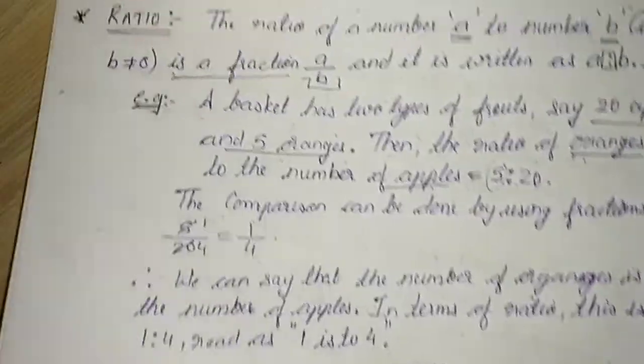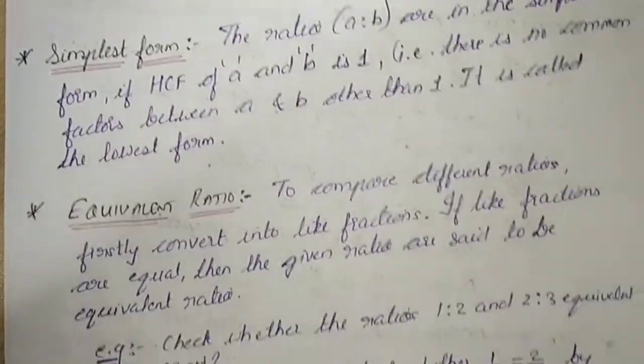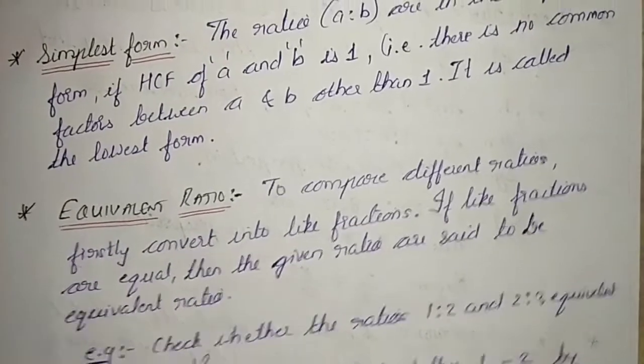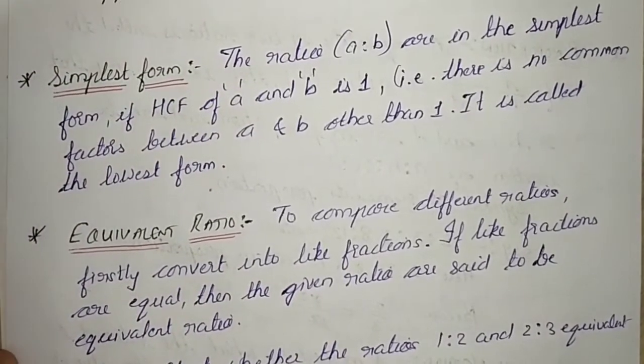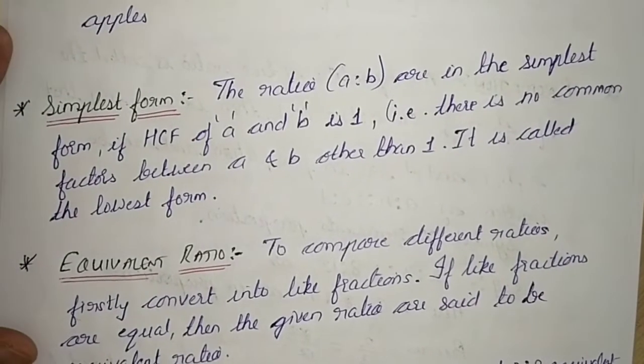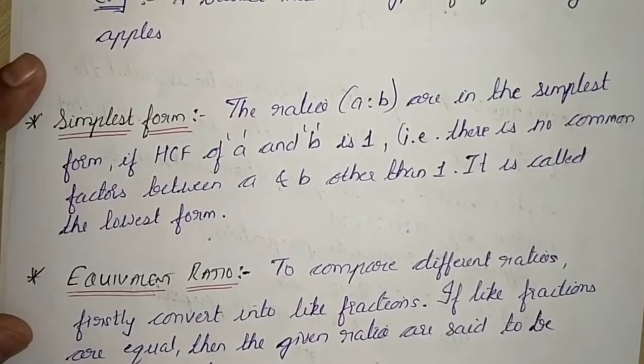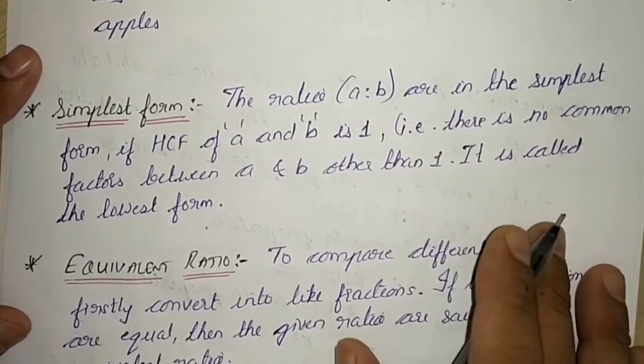Now let us move to the next portion, that is simplest form. If they have asked you to convert the given ratio into the simplest form, let us take one example.